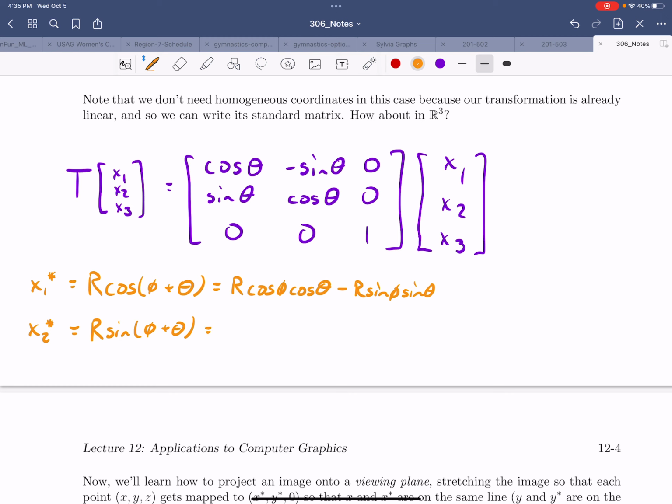And similarly, here we get r sine phi cosine theta plus r cosine of phi sine theta.